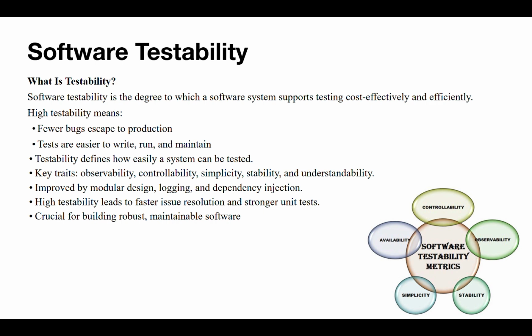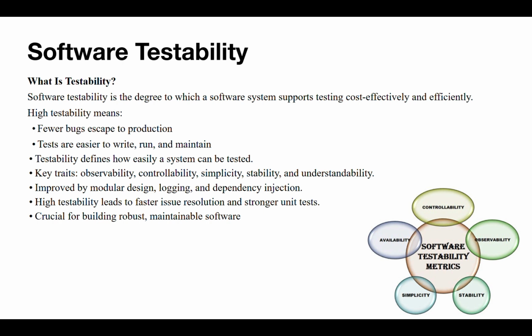Software testability. So what is software testability? Testability is how easy it is to test a system. Highly testable code is easier to understand, and it has clear inputs and outputs. It is free from side effects. Principles like observability and controllability play key roles.